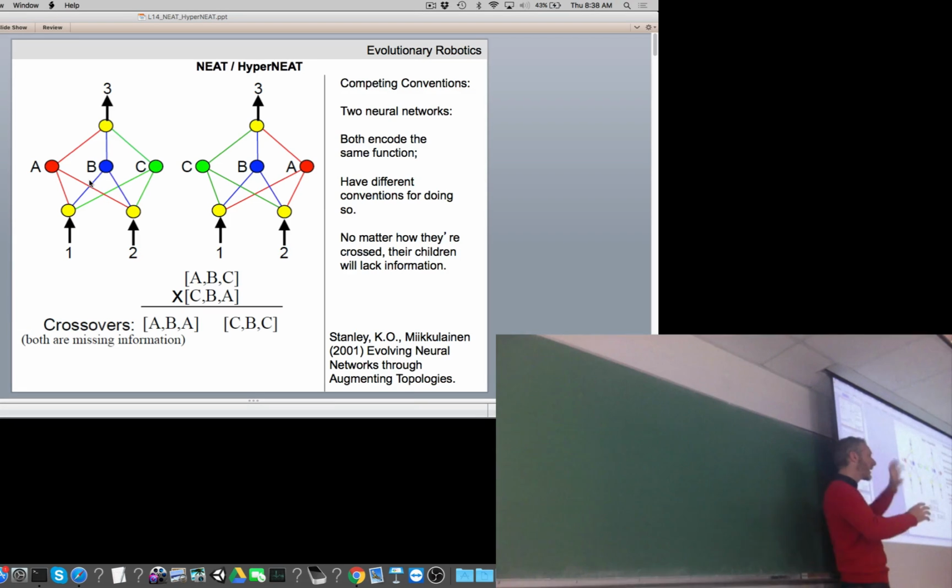Let's imagine now, forget AND and OR, that we have some problem, and in order to solve it successfully, the neural network is going to have to compute three subproblems, A, B, and C. Let's imagine that this network is using hidden neuron 1 to solve subproblem A, neuron 2 to solve B, and neuron 3 to solve C. Let's imagine it's not perfect. It's doing a pretty good job of A, B, and C, but it's not perfect.